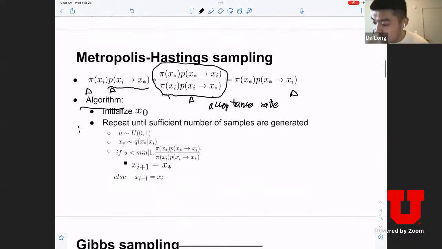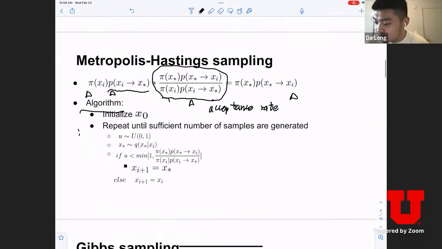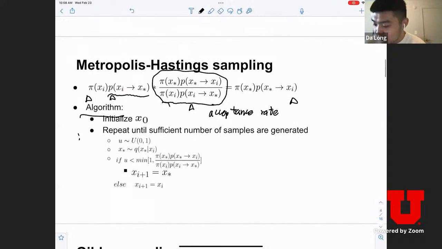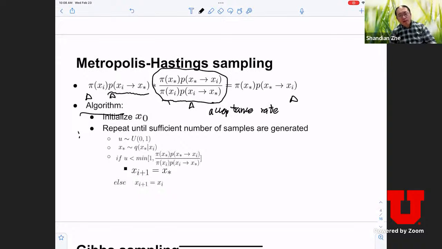This is the algorithm, so I will not go through the details. Essentially, Metropolis-Hastings constructs a transition kernel, or proposal generation, which satisfies detailed balance. Here P of x_i to x star is the initial proposal. Usually people just use some Gaussian for continuous variables, but if you simply do that, it usually doesn't satisfy detailed balance.